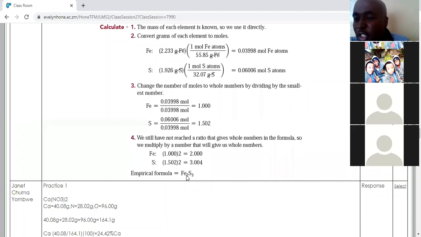So if you have a 0.2 somewhere, say 3.2, you multiply everything by 5, because 1 divided by 5 is 0.2. Are you getting some, Mr. Chongo? Yes, sir. So it's not always that you should do this, but for your level, the 0.5 comes up very often.